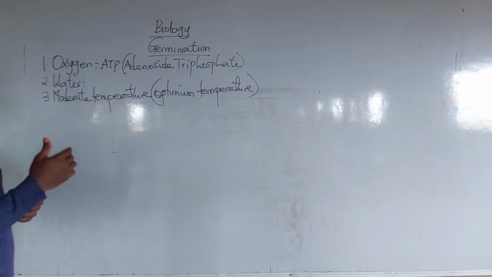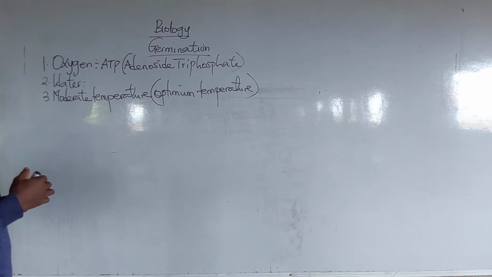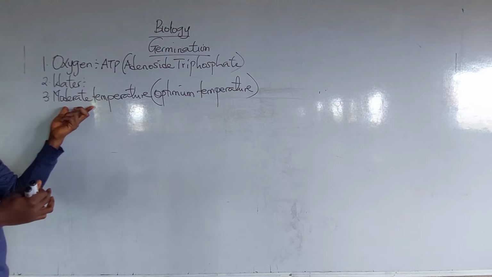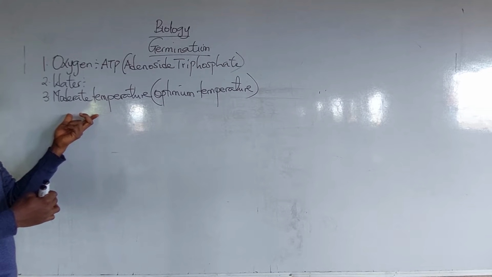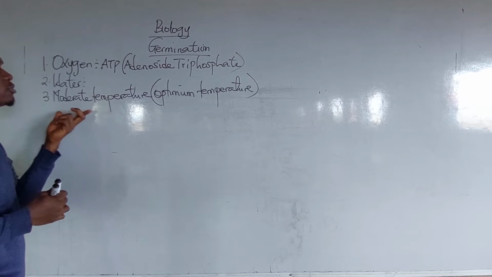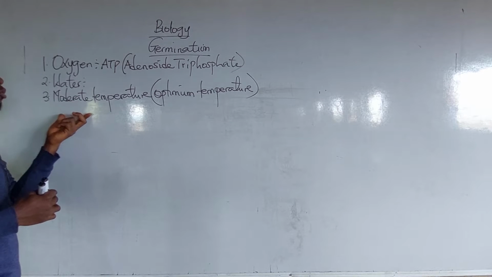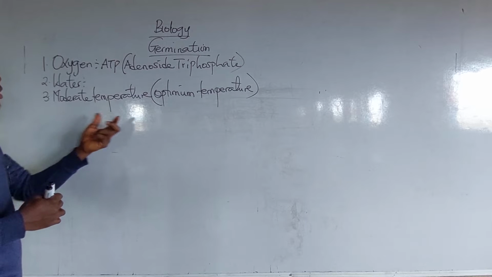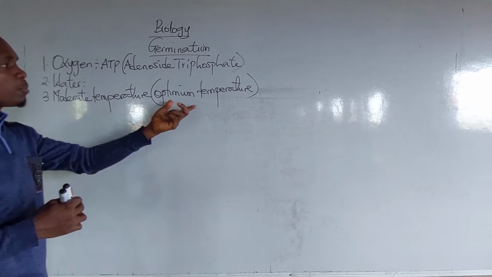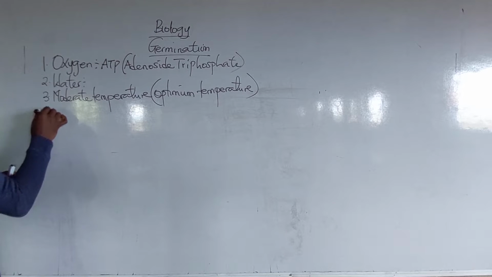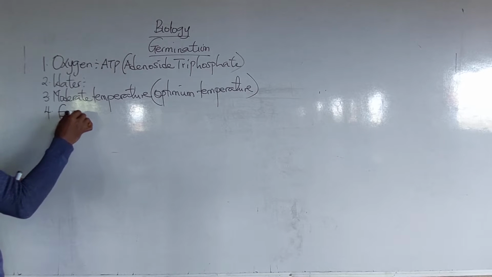In our previous class I said that for photosynthesis to occur there has to be moderate temperature. If the temperature is too high, it can lead to a slow photosynthetic process. This moderate temperature is called optimum temperature.